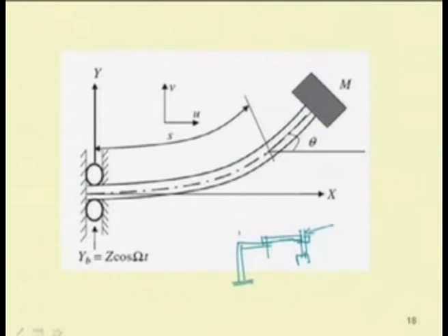The base is rotating. So, you have a revolute joint here, another revolute joint here and a prismatic joint, and finally, the end effector has a rolling motion. So, this is a SCARA robot. In this case, you have a joint with prismatic motion.